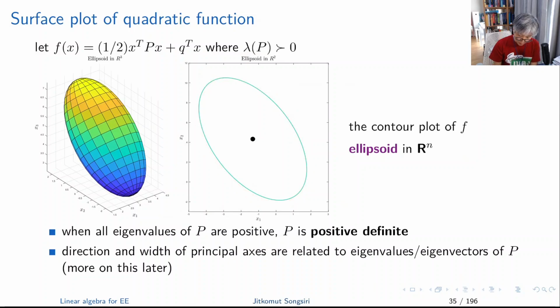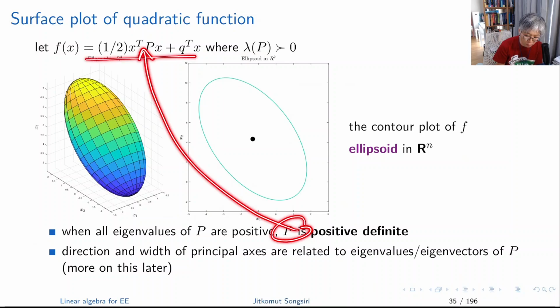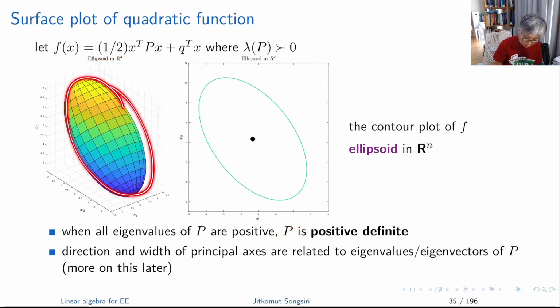Let me make a short definition first, and we're going to come back to this. When all the eigenvalues of a symmetric matrix P are positive, P has a property called positive definite. And when you use this P to describe the quadratic function, it's going to have the ellipsoid shape.